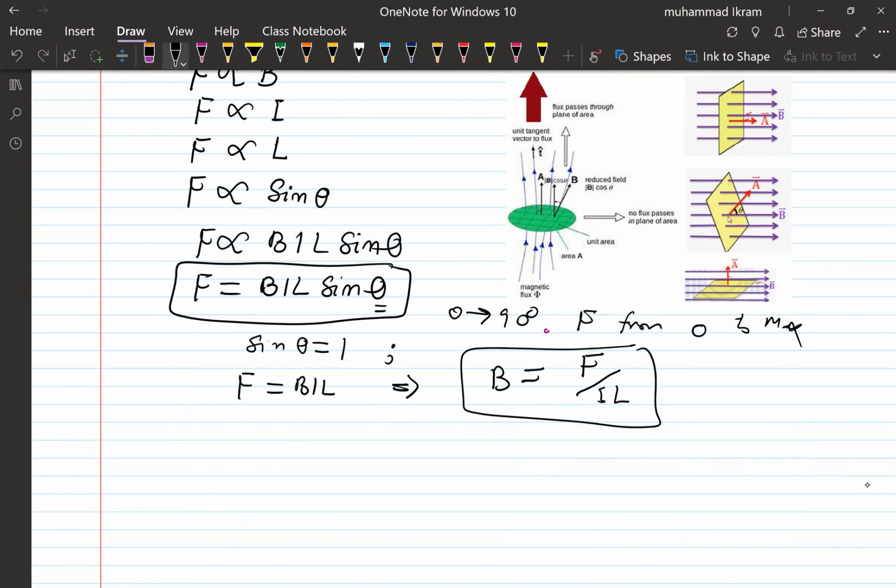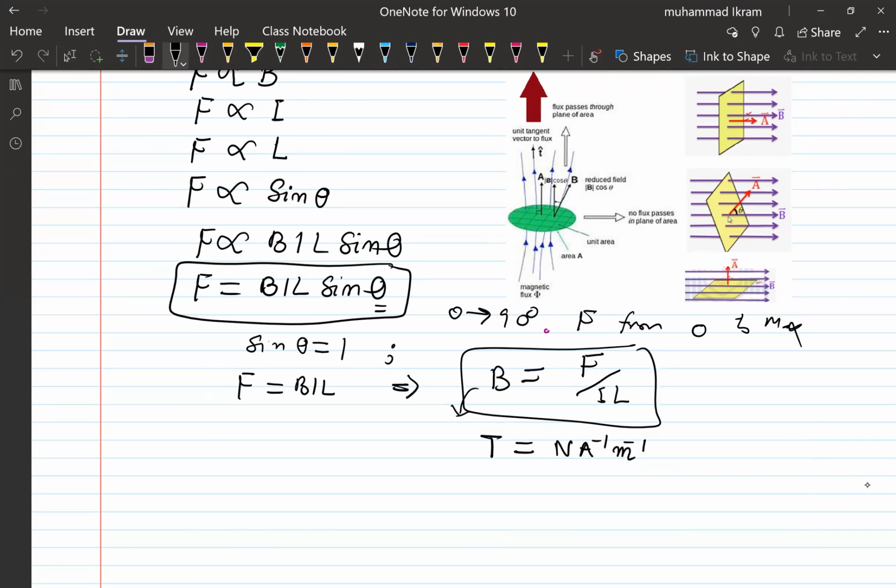This equation helps us find the unit for B. The SI unit of the magnetic induction, or magnetic field strength B, is the Tesla, such that 1 Tesla is equal to 1 Newton per ampere per meter.